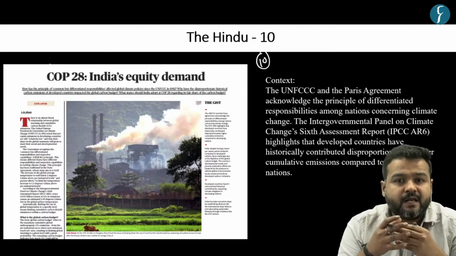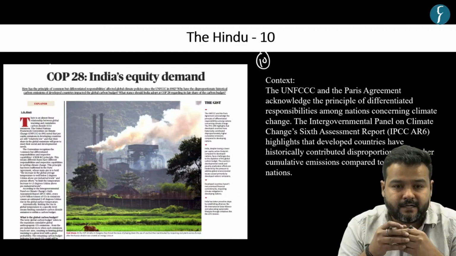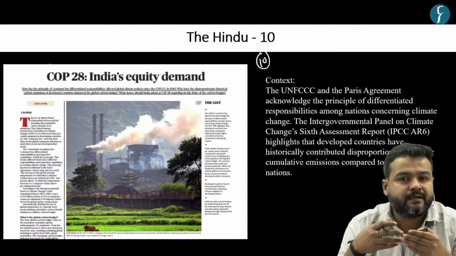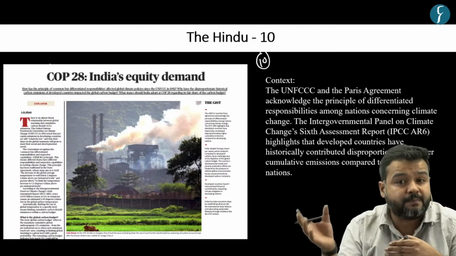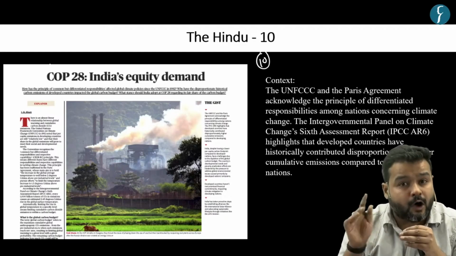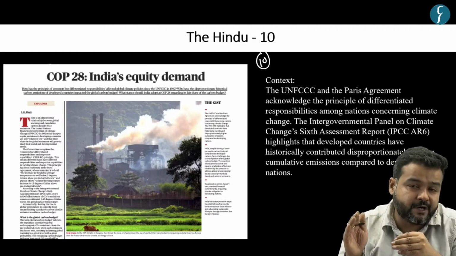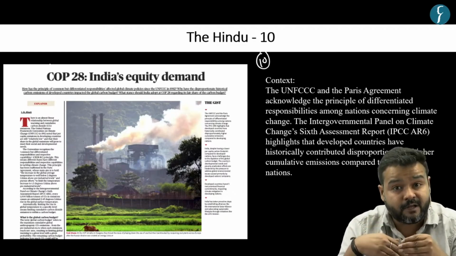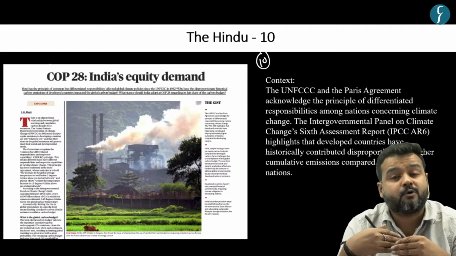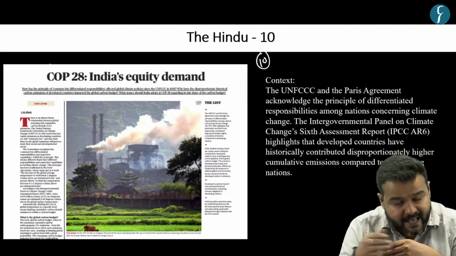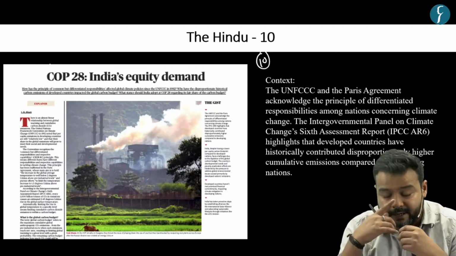Globally, there is a consensus that those who are developed, because they have emitted much more than what developing countries have emitted till date, so there is a common responsibility that they all have to reduce the emission, but a differentiated responsibility. The developed nation must contribute more towards this reduction when compared to the developing countries.